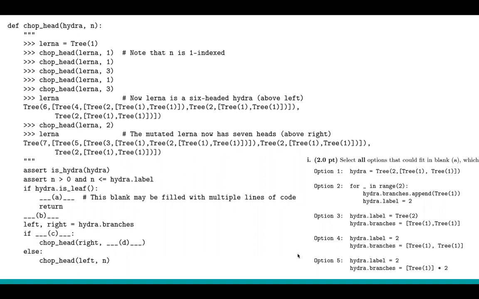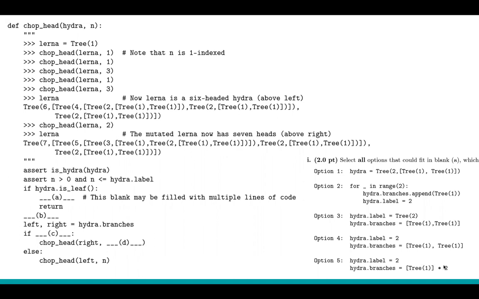And finally, option 5, you're saying hydra dot label is equal to 2, again, similar to option 4. So that would be right. However, if you see hydra dot branches, now hydra dot branches is equal to tree of 1 times 2. So here, initially, this may seem to be right again, but this wouldn't be right because you're creating 2 copies of the same tree. So when you have tree of 1, this would create a tree consisting of the label 1.